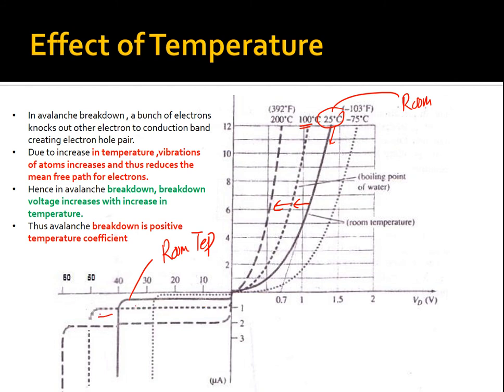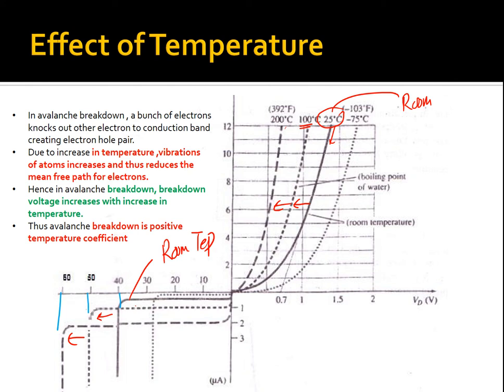It is shifting towards this side, and for 200 degrees centigrade it increases further. So the reverse saturation current value is also increasing, and the breakdown voltage value is also increasing. Due to the increase in temperature we get more minority carriers.